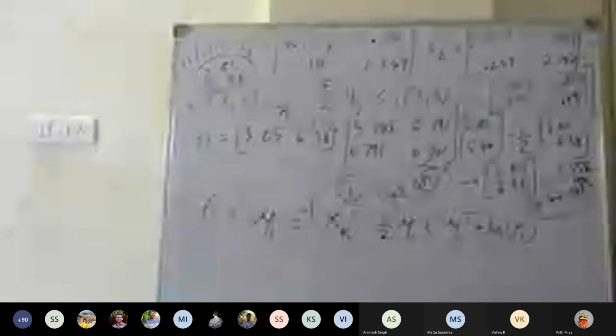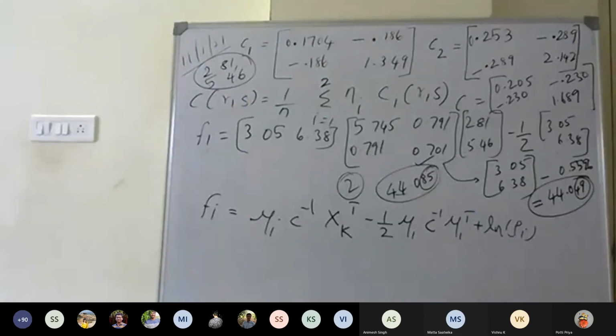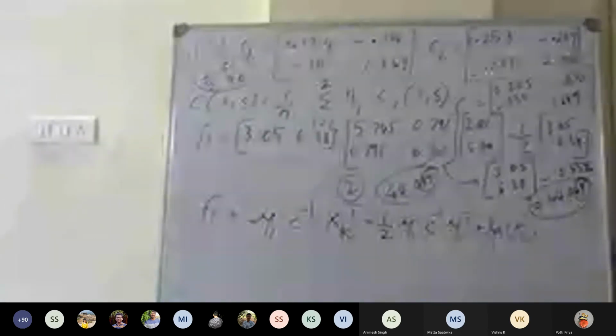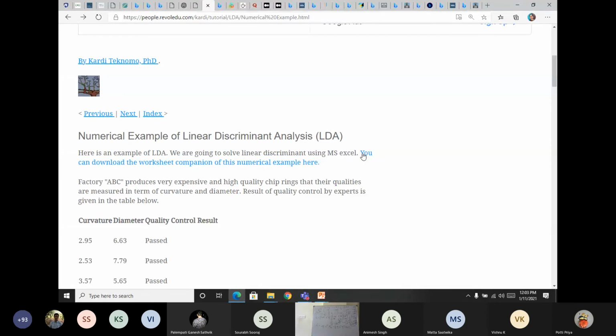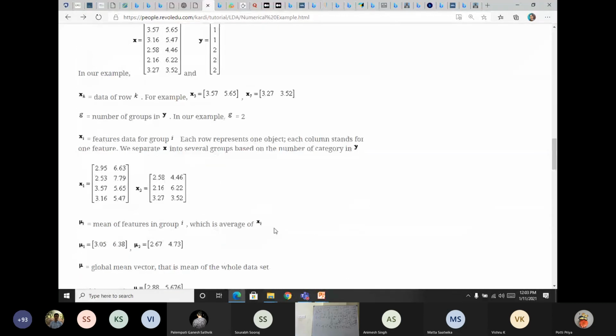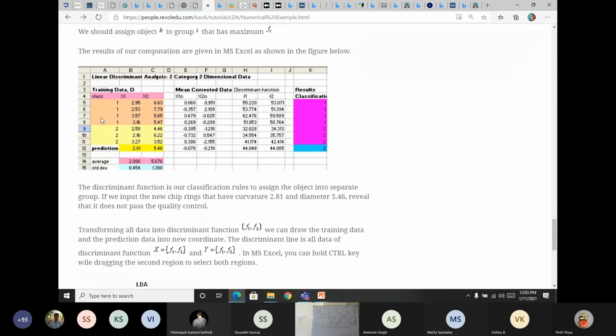I will share this Excel sheet also, where the values are tabulated. You can see it in the link. You can download this worksheet companion. If you click this, you will get the worksheet where all these calculations are done.